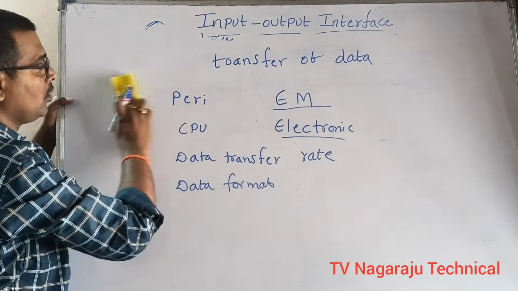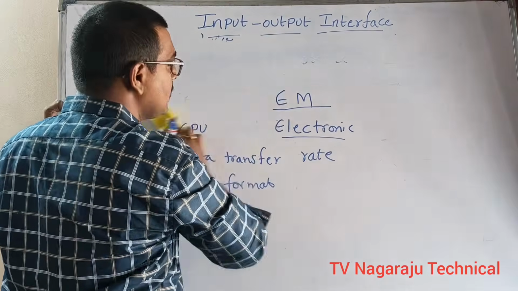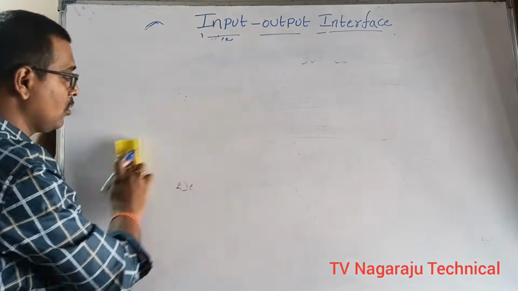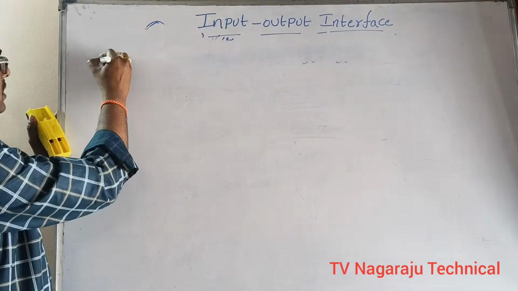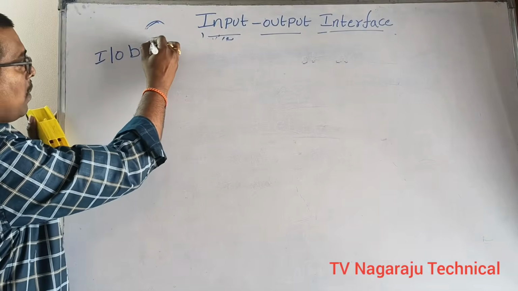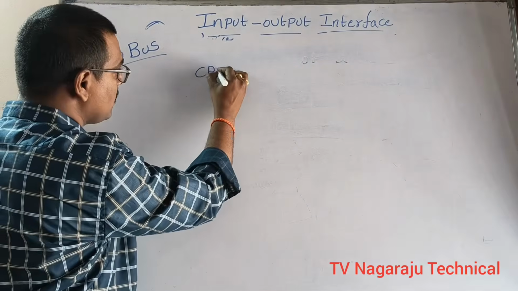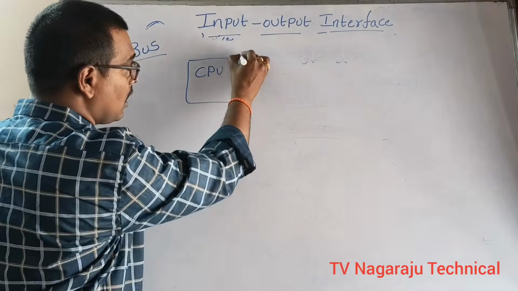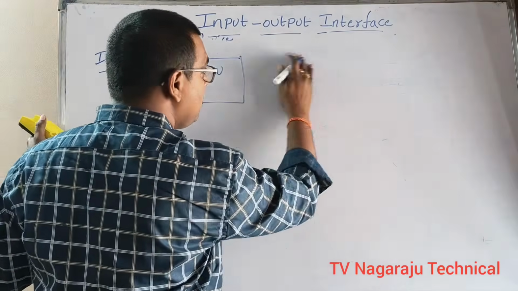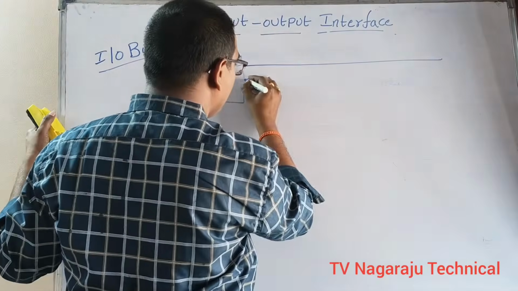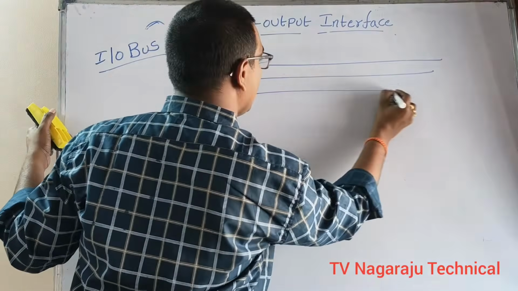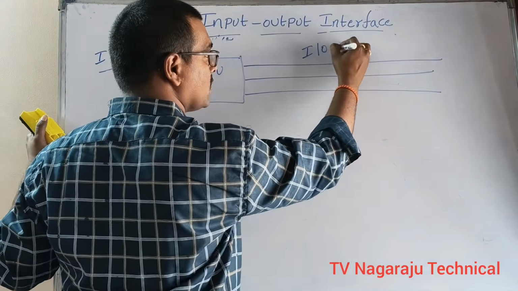Now we are moving to how the CPU is connected to different peripheral devices, that is, the I/O bus, input-output bus. Simply, this is my CPU, also called the processor. The CPU is connected to an I/O bus, and this is the I/O bus.